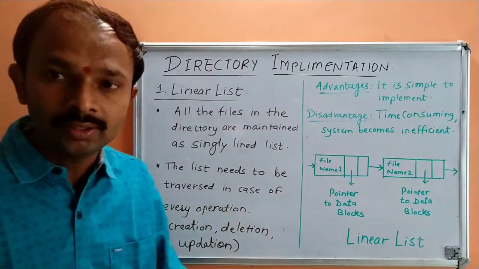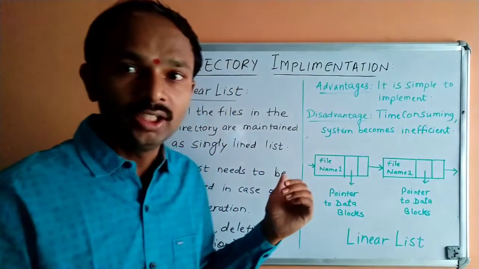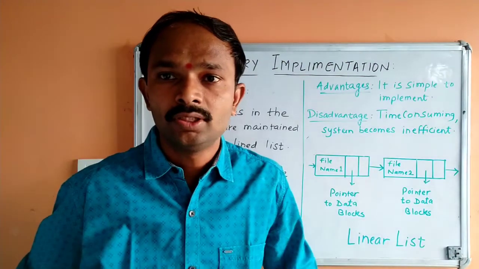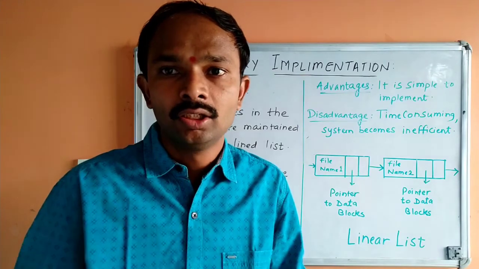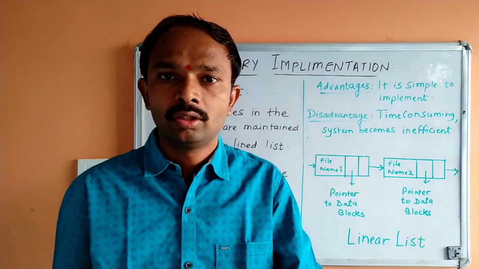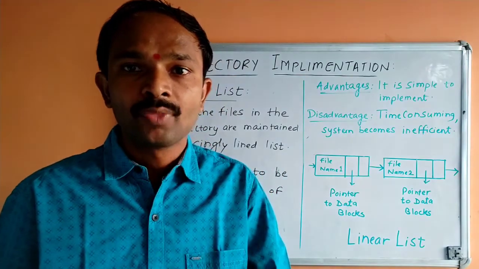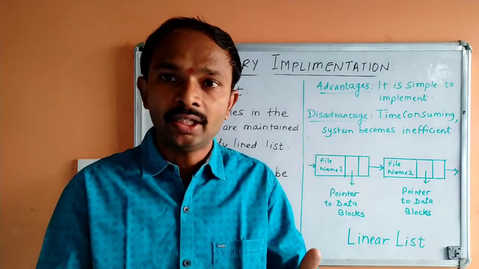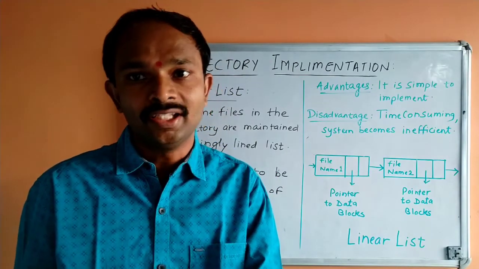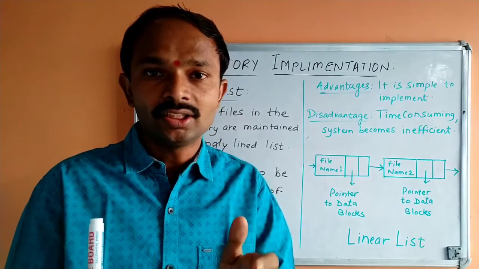Now when we are talking about directory implementation using a linear list, if we want to create a file, for example paint.txt, the operating system checks whether the same file name already exists inside that directory.